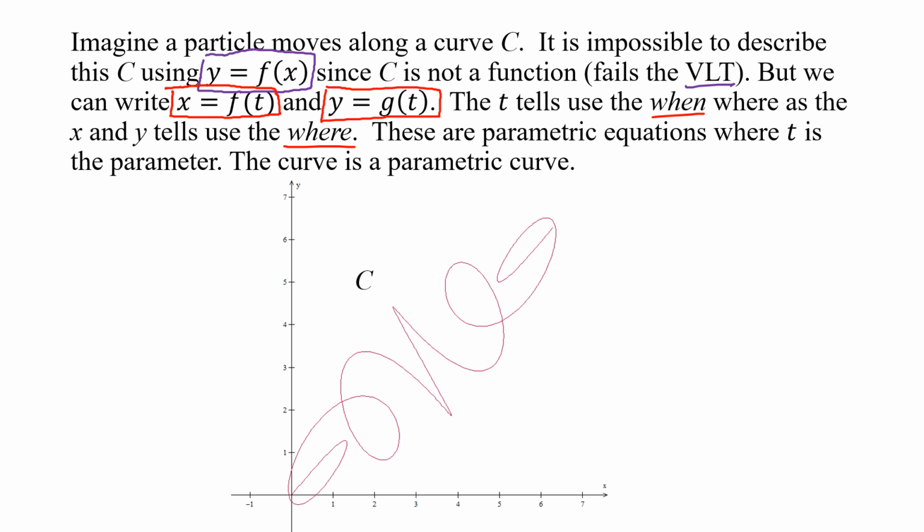After a certain amount of time, your x is here and your y is there. And then the x and the y tell you where you're actually at. So you might end up with a curve that looks kind of crazy like this one down at the bottom of the page here. That's a parametric curve. Definitely not a function in terms of a vertical line test type things from Cal 1 or Cal 2. So we've got to figure out a way to actually draw these things, and that's what this section is about.